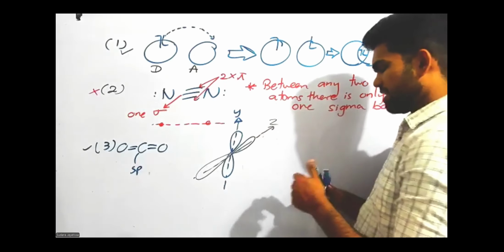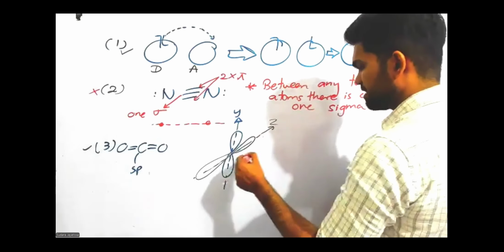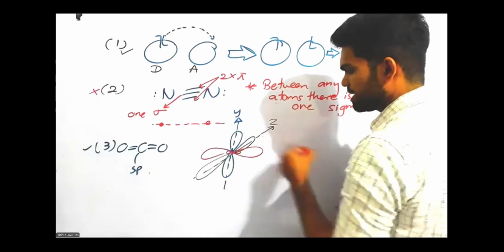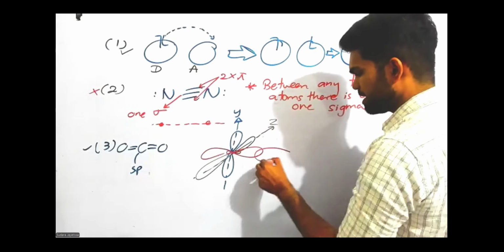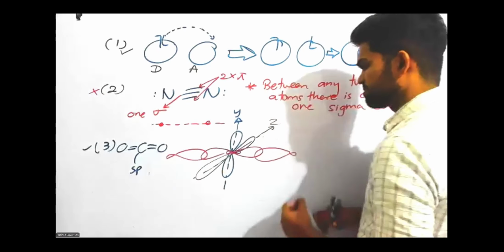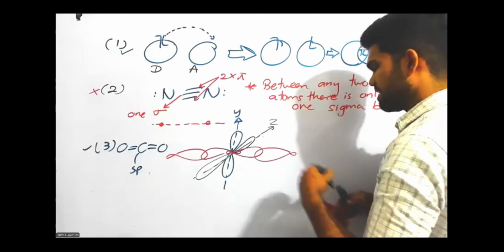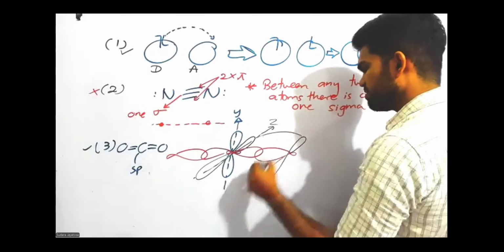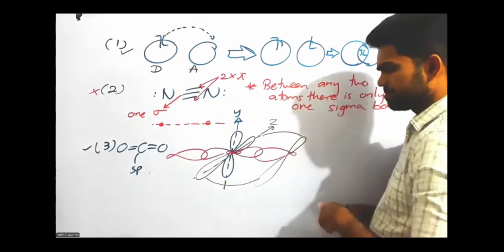And with this there are 2 sp orbitals also. So one orbital is making a bond with one oxygen atom. These are the linear overlappings, and the oxygen atom p orbitals are overlapping laterally like this.